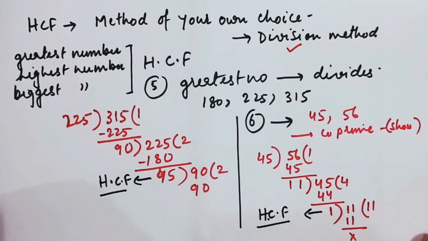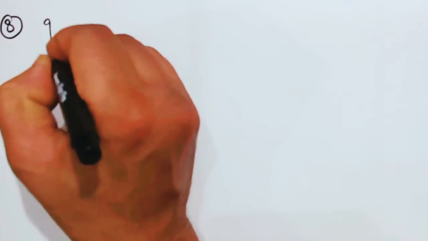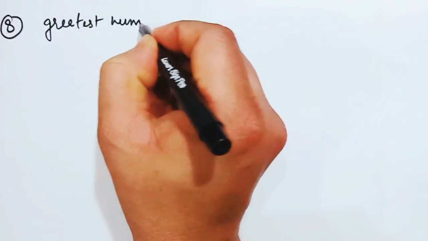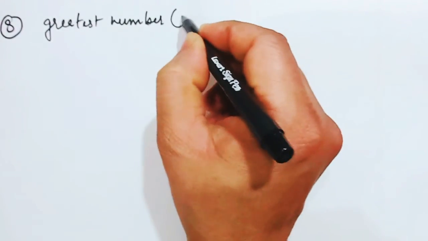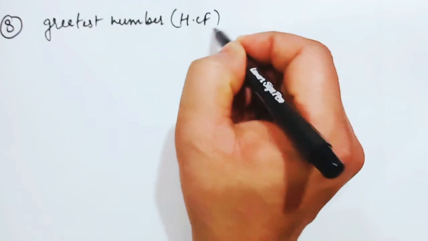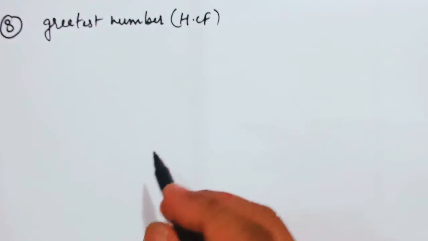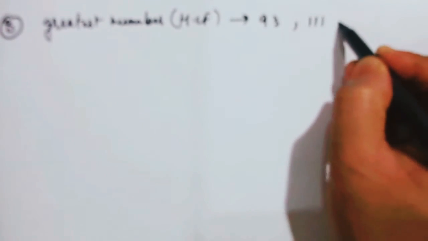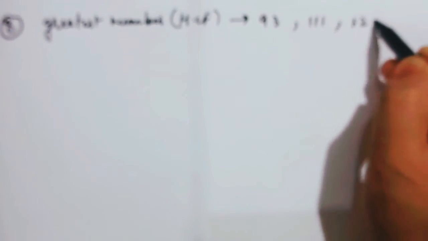Now, they have given two more sums. So, in number 8, they say that find the greatest number. Greatest number means what you have to find out? HCF. This is very, very important. That will divide 93, 111 and 129.